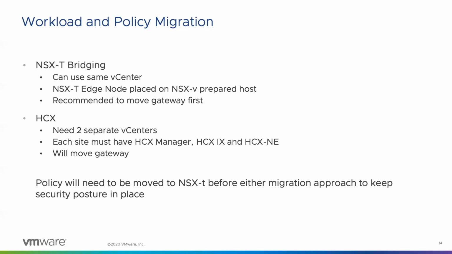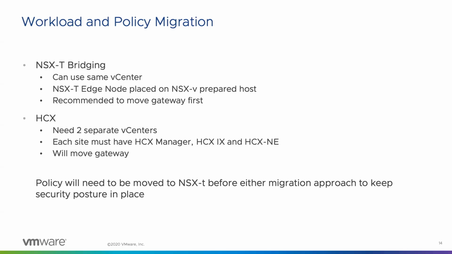And then we also have the option to use HCX. In this scenario, you would have to have two separate vCenters, and then you'd also have to have the HCX manager, the HCX interconnect appliance, and the network extensions in order to move from the universal logical switch over to the segment.